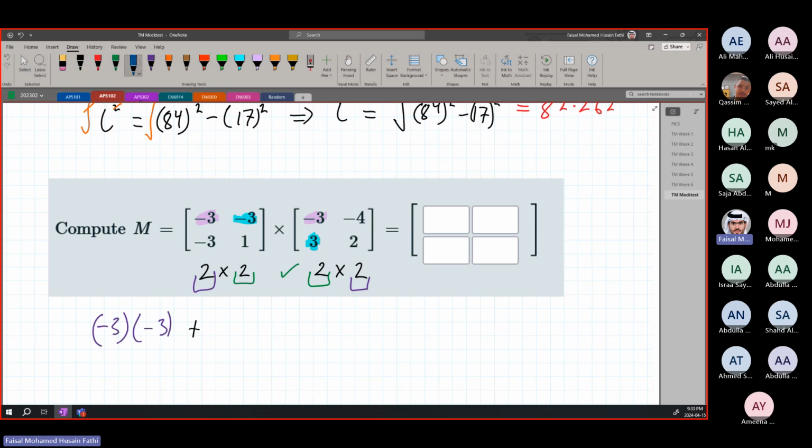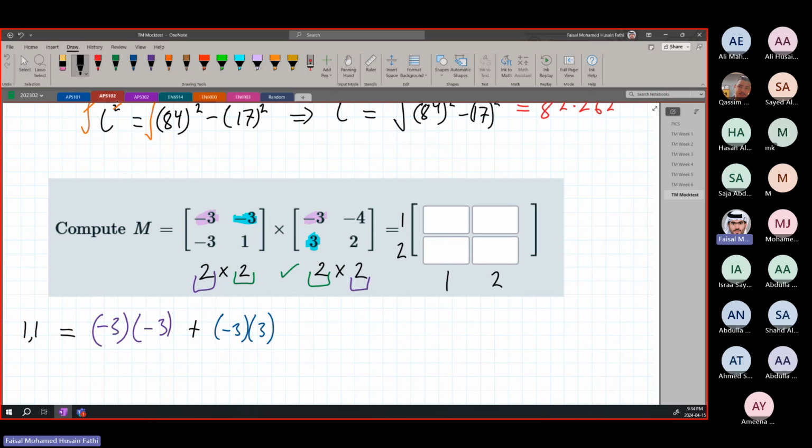So this is going to be minus 3 times minus 3, which is the first one, plus minus 3 times 3. This is going to be your first solution. If we want to number this matrix, this is row 1, row 2, first column, second column. So for entry 1,1, it is going to be this.